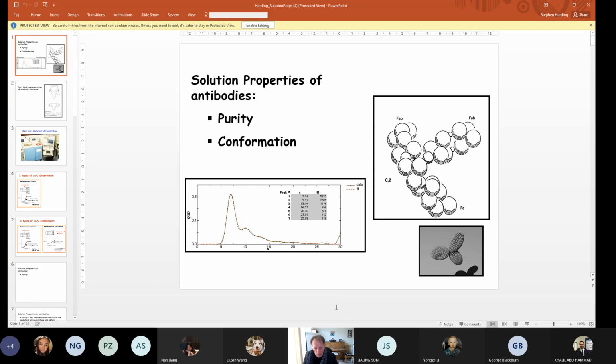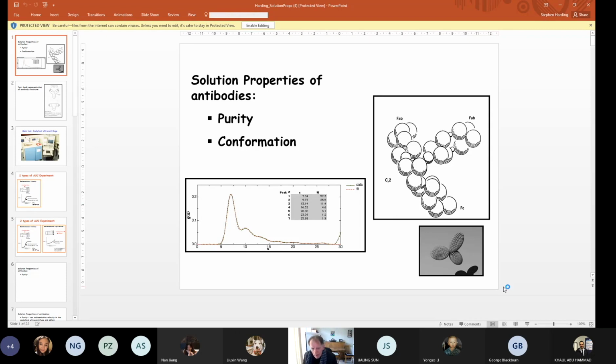So we're going to focus on purity, aggregation, and in terms of conformation of antibody molecules, which, although we see in textbooks these Y and T shapes, in reality they're not necessarily T or Y shapes, but are three-dimensional entities where the Fc and the two Fab fragments can be in different planes.